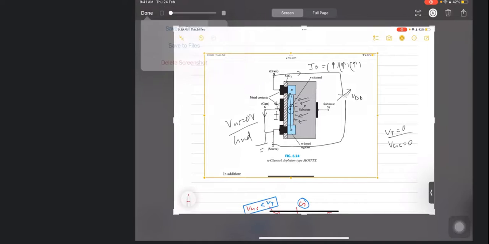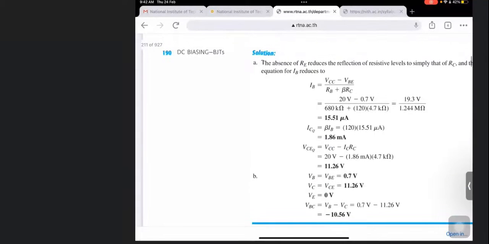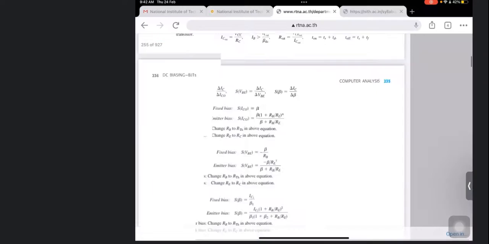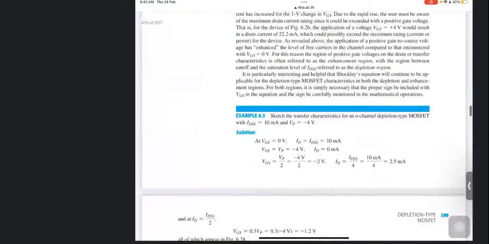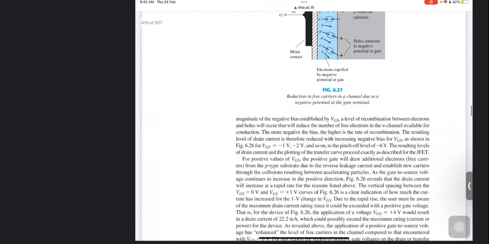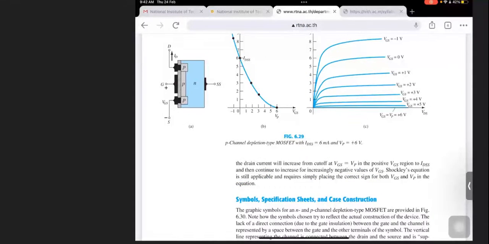So if you see its characteristics, अगर इसकी characteristics देखें, So if you see here, at 0 also there is some current flow, and in this case we have a threshold voltage.